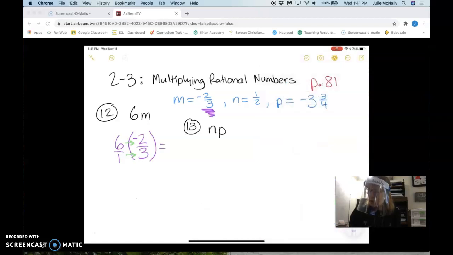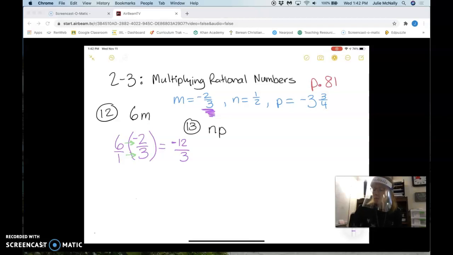So what is 6 times negative 2? Hold on. Negative 12. Yes, negative 12 over 3, because it's 6 times negative 2. And then 1 times 3 is 3. Well, that would be it, but this one I see can be reduced.